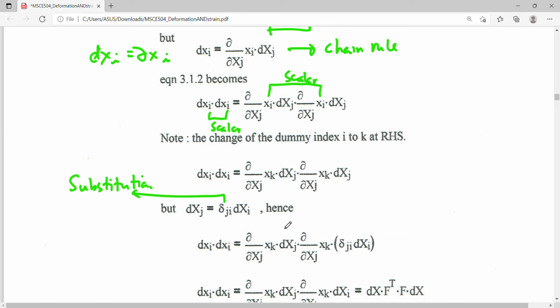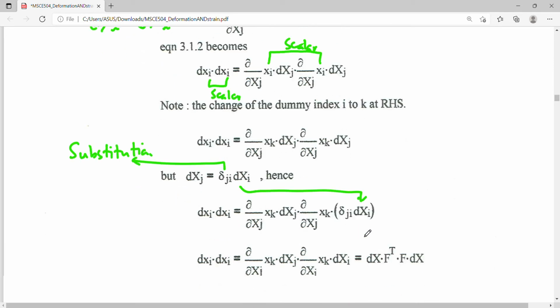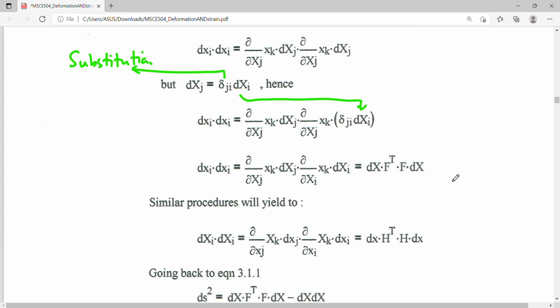So substitution operator, if you want to change a d capital Xj to a d capital Xi, you just multiply it by a delta Ji, and substituting it here, so we just place it there, will yield this equation here.